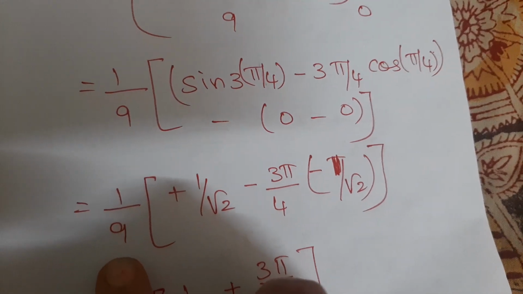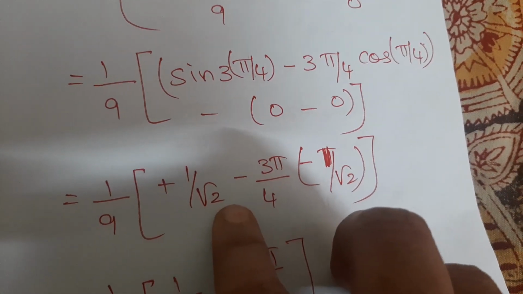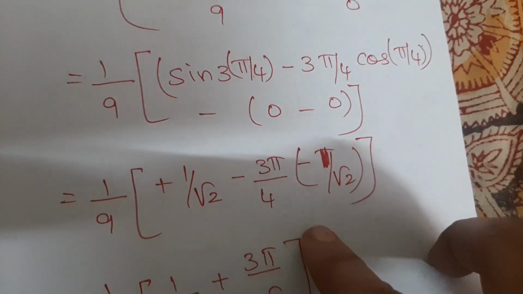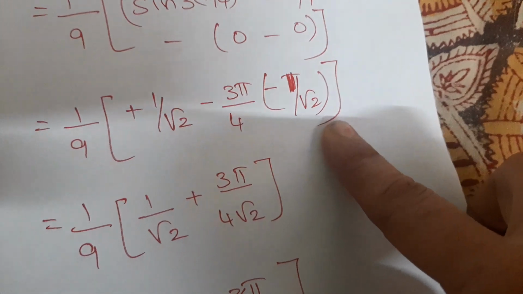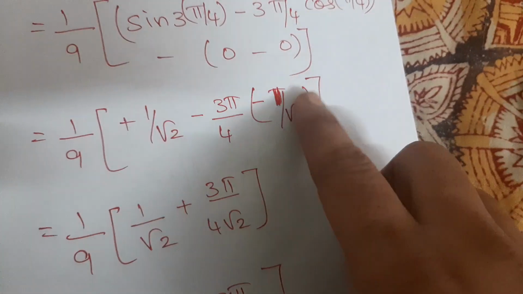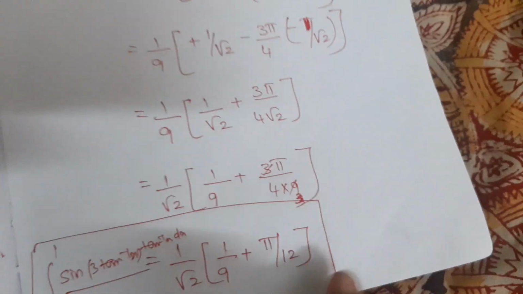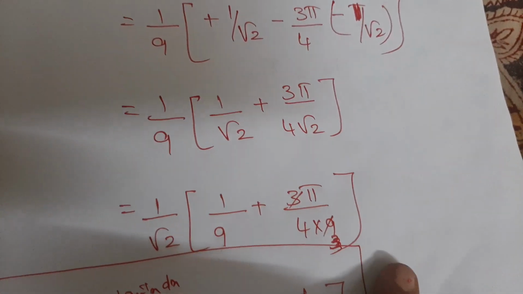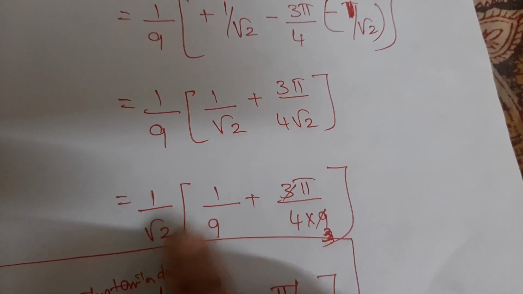So 1 by 9 into sin 3 pi by 4, which is 1 by root 2, minus 3 pi by 4 cos pi by 4, which is minus 1 by root 2. So this is 1 by root 2, minus into minus plus 1 by root 2 times 3 pi by 4. I can take root 2 as LCM outside.